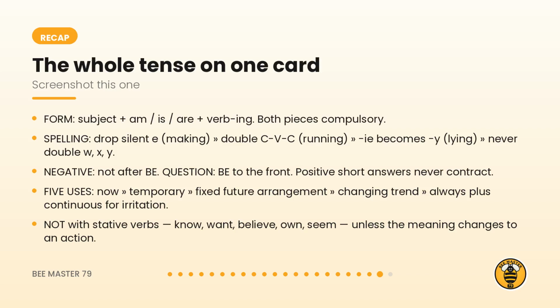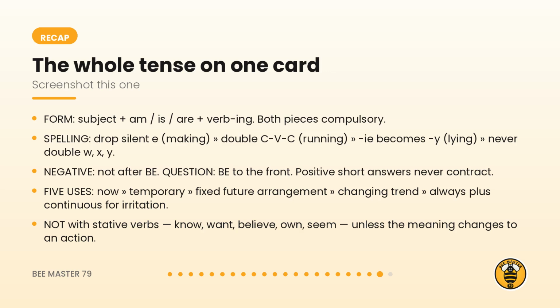Here is the whole tense on one card. Take a screenshot of this. Form: subject, am, is or are, and the verb plus ing. Both pieces are compulsory. Spelling: drop the silent E. Double the consonant after one syllable of consonant, vowel, consonant. Change IE to Y, and never double W, X or Y. Negative: not goes after be. Question: be goes to the front.